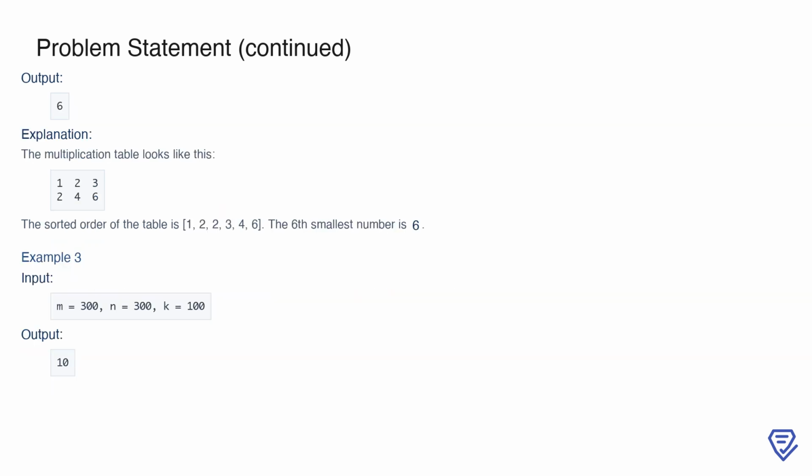Now, consider another example where m is 2, n is 3, and k is 6. Here, the multiplication table is smaller, with 2 rows and 3 columns. The first row contains 1, 2, 3, and the second row contains 2, 4, 6. Sorting all the numbers results in the sequence 1, 2, 2, 3, 4, 6. To find the sixth smallest number, we check the sixth position, which gives us the output of 6.